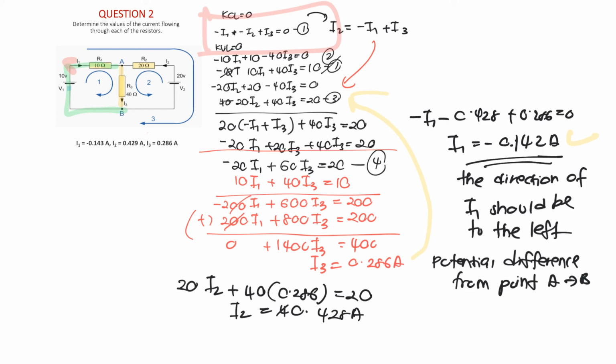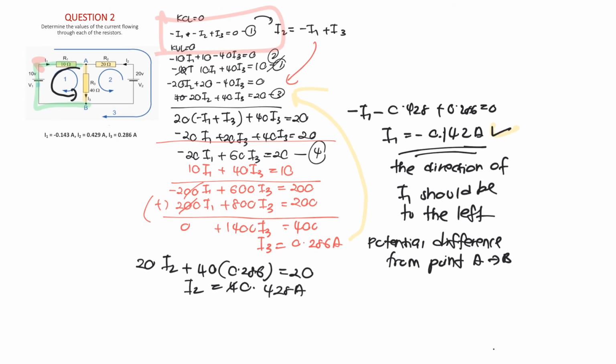So I'm going to use the correct directions. I'm going to make one big loop from A to B, and you use the same rule for resistor and power supply. But now you already have the value for I1.